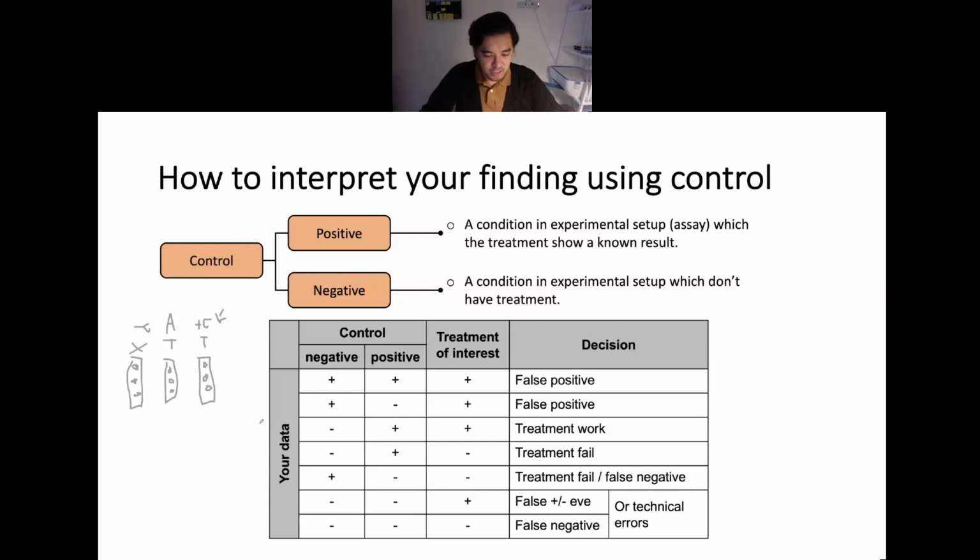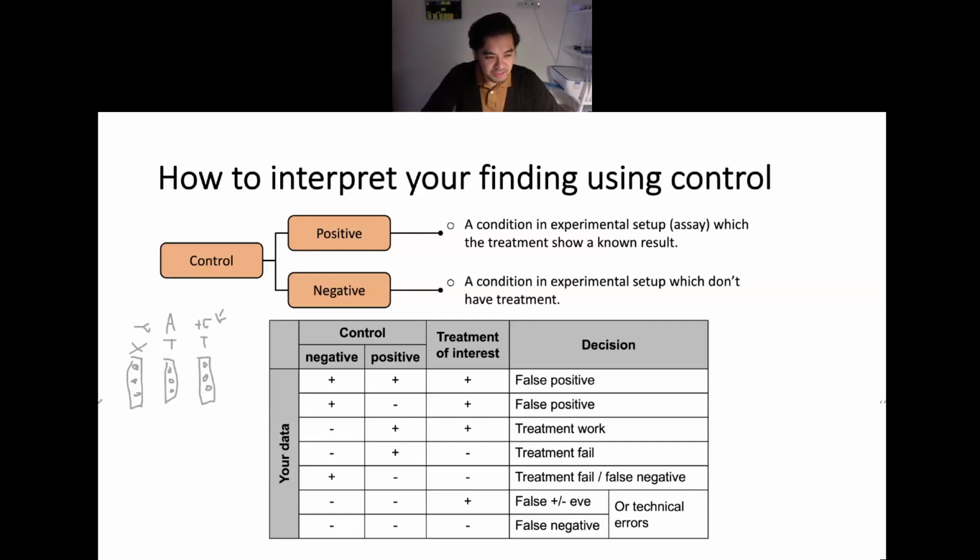Okay, another situation here, this is much worse. If somehow your negative and your positive control do not show any performance, while your A treatment has a better growth, you're probably committing either a false positive or a false negative finding. You cannot differentiate between your actual finding and a false positive or a false negative.